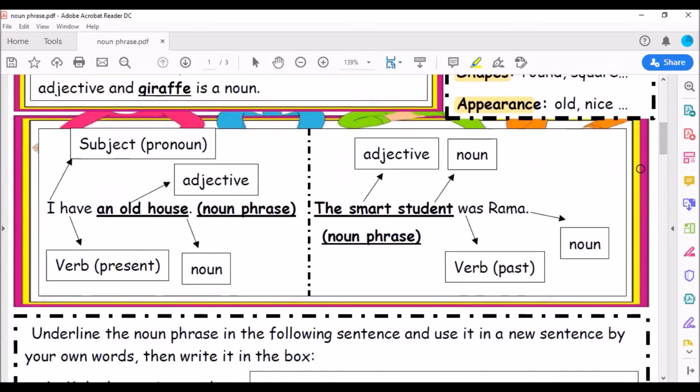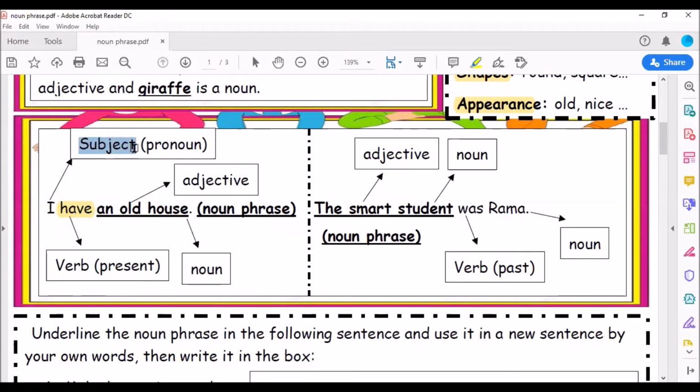Look here. This is another example for a noun phrase like we did before. Okay, I have an old house. I have an old house. Look at this sentence, please. So, have is a verb and it's a verb in the present. Before a verb, I will have what?